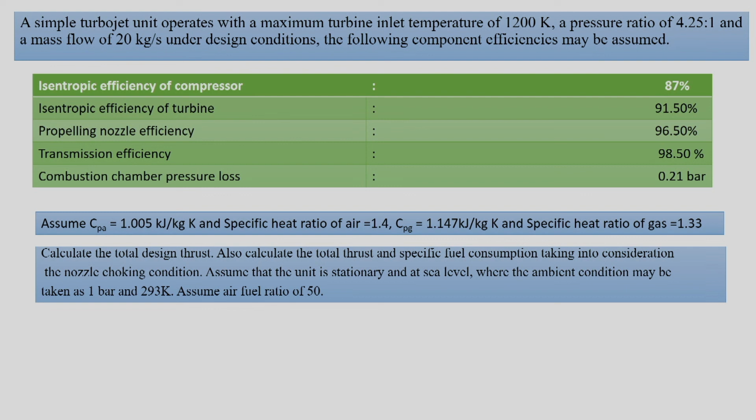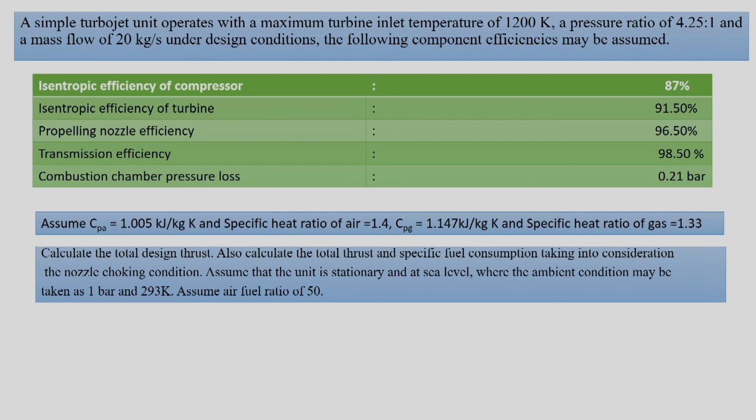Also calculate the total thrust and specific fuel consumption, taking into consideration the nozzle choking condition. Assume that the unit is stationary and at sea level, where the ambient condition may be taken as 1 bar and 293 Kelvin. Assume air fuel ratio as 50.